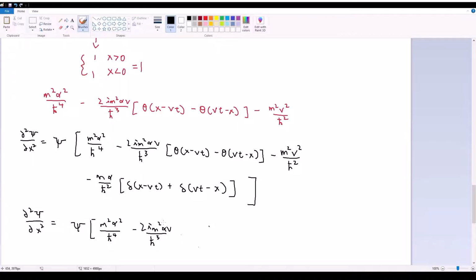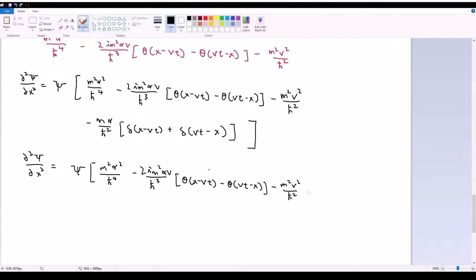This is a very painful expression. Theta x minus vt minus theta vt minus x, minus m squared v squared over h bar squared, and then subtracted by 2m alpha over h bar squared Dirac delta x minus vt, where once again, I'm recognizing that Dirac delta of x minus vt is actually equivalent to Dirac delta vt minus x. So I'm rewriting it that way. And with that, we're done with the second derivative.